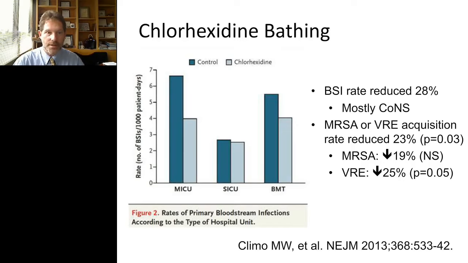Now, many of these infections were those due to coagulase-negative staph, which is a lower virulence organism, not Staph aureus or gram-negative organisms. But they also reduced MRSA, methicillin-resistant Staph aureus, and vancomycin-resistant enterococcal acquisition by almost a quarter, which was statistically significant. MRSA reduction by about 19% and VRE reduction by about 25%.